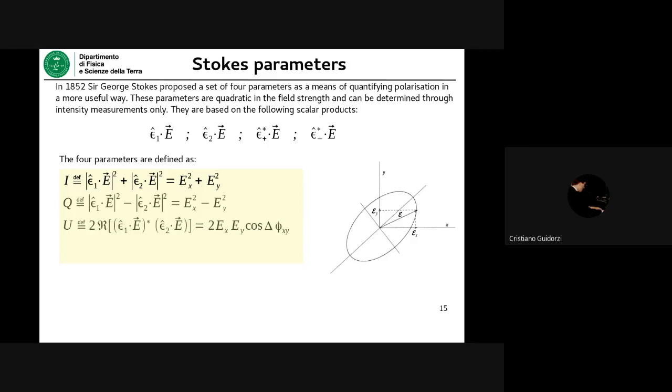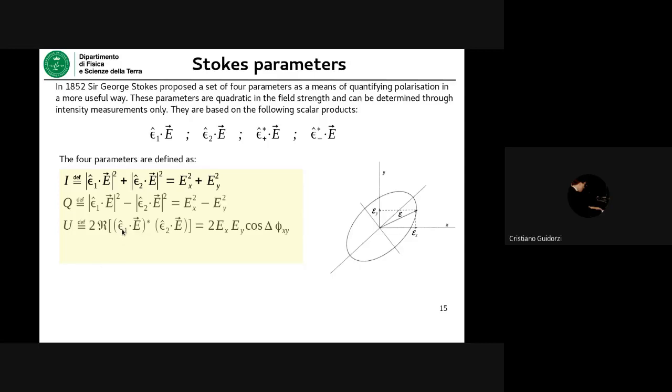And then we have the third parameter, which is called U, which is defined this way. You see this strange R is just the real part of, because the argument is an imaginary quantity. Because indeed, if you remember, E is defined as an imaginary quantity.